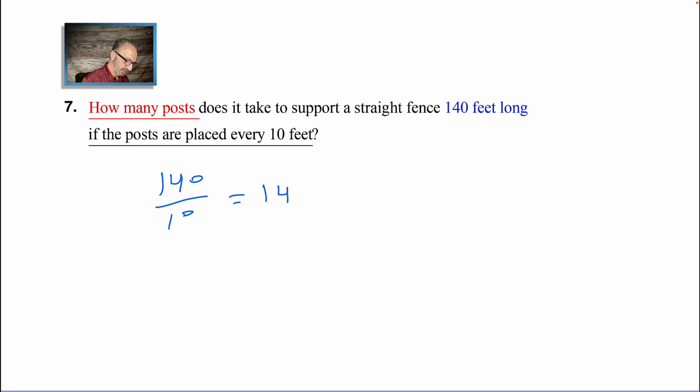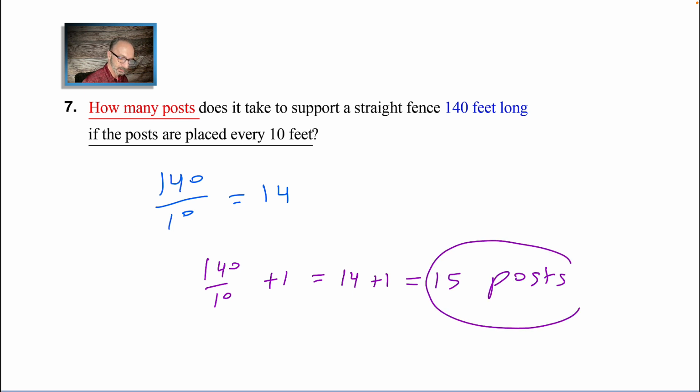So how many posts are we gonna end up with? 140 divided by 10, and we need to add 1 because of the ends, and that's 14 plus 1, which is 15 posts. The reason why? Because of the endpoints as I showed you in the examples.